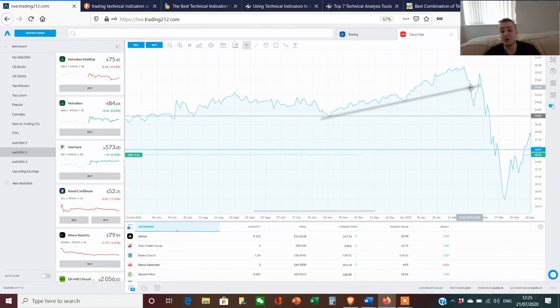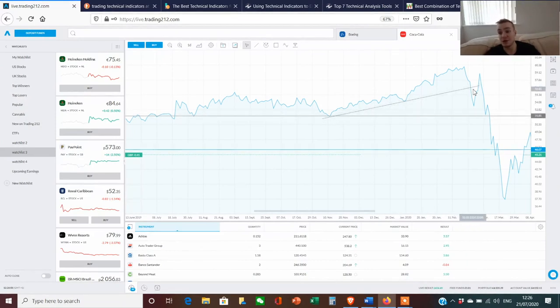And here again at $51.93 you would have also shorted because it broke the line you've drawn, and you can see in these two circumstances that signal would have worked.